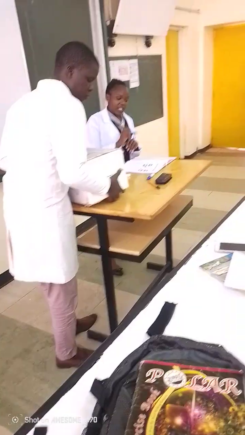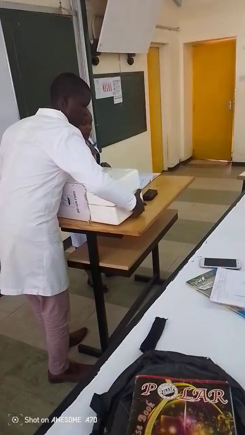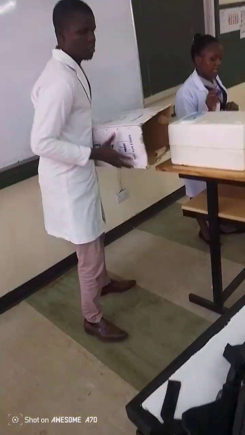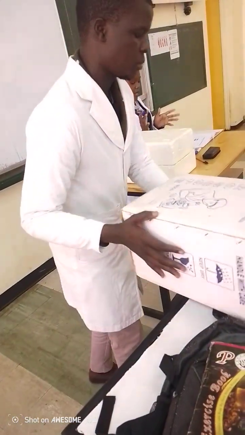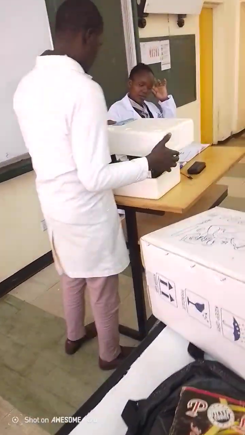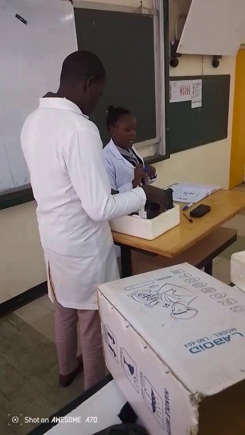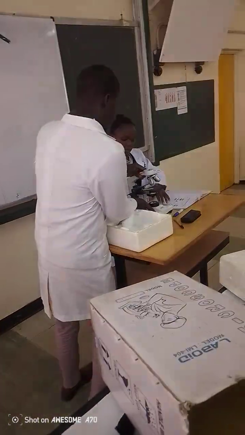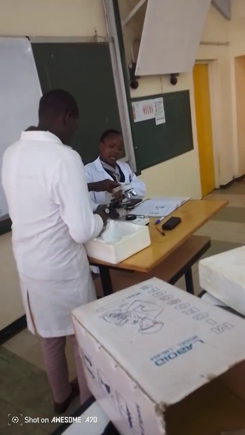So, the difference between a bright field microscope and the dark field: the bright field uses transmitted white light to illuminate a specimen, whereas the dark field microscope uses oblique illumination to visualize the specimen, resulting in a bright image against a dark background. So this one is a light microscope.